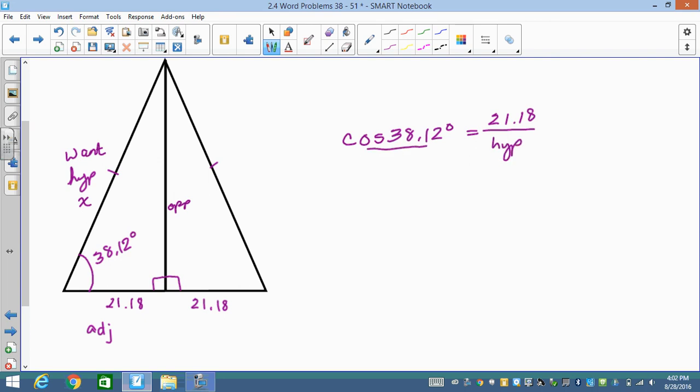So cross multiply, we get the hypotenuse, I know I was going to say it was x, but just to make it easier, times the cosine of 38.12 degrees equals 21.18. What is the measurement on that one? Inches. All right.